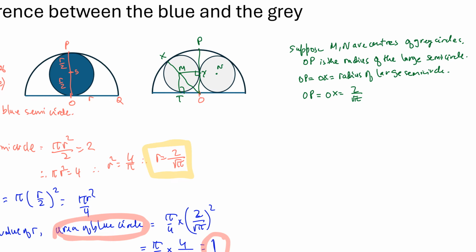So I just give them some random names. So then I can say that MY is perpendicular to OP. MY is perpendicular to OP. The radius is perpendicular to the tangent.